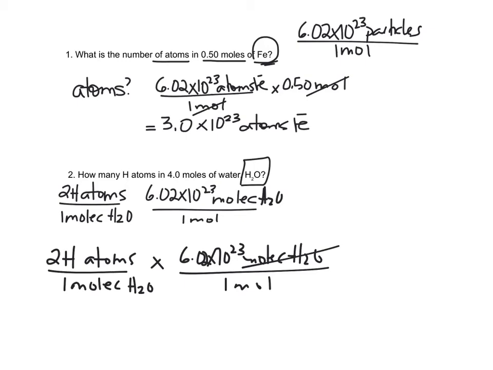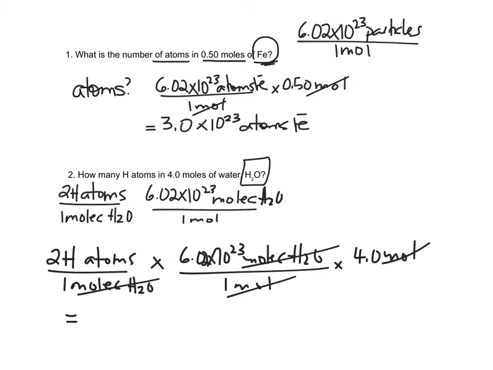So molecules of water cancel. Now we need to get rid of moles, so we have 4.0 moles. Now our moles cancel. So each time you do this, you are only writing them down as times. So then you do your math. So we've got 2 times 6.02 times 10 to the 23rd times 4 divided by 1 divided by 1.